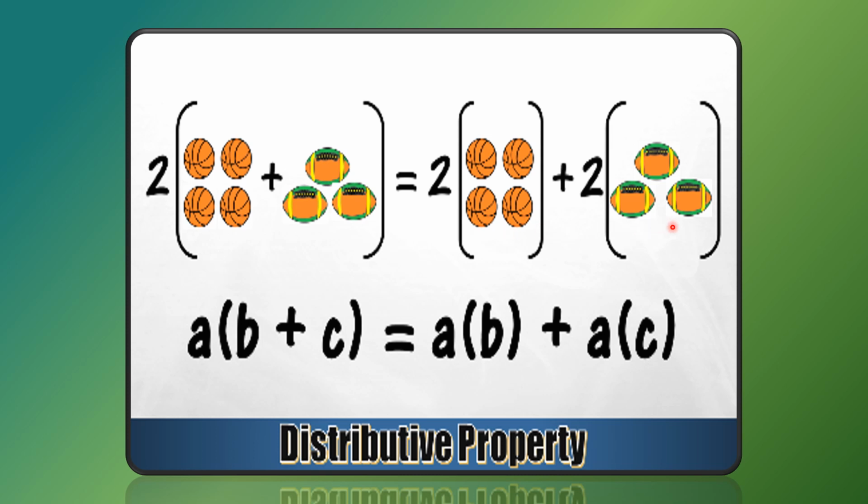So, paano natin yung i-represent sa mathematical equation? So, ganito yon. So, A times the quantity of B plus C is equal to A times B plus A times C. So, kung makikita nyo, yung A ay inisa-isa sa B at sa C. And then, kinopya lang natin yung operation which is the addition.